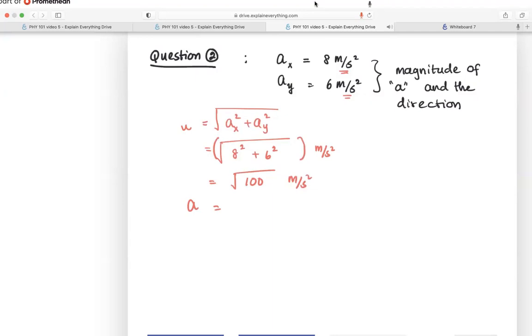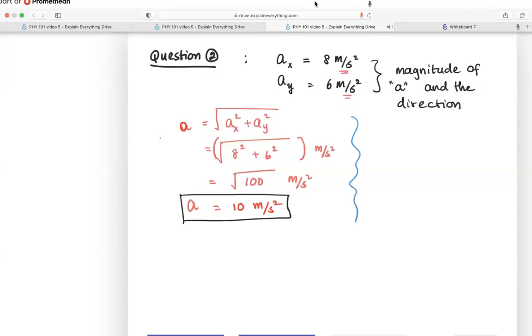So I erase that, and let me write the A again. And that gives us 10 meter per second square, and that's the answer for the first part of the problem.